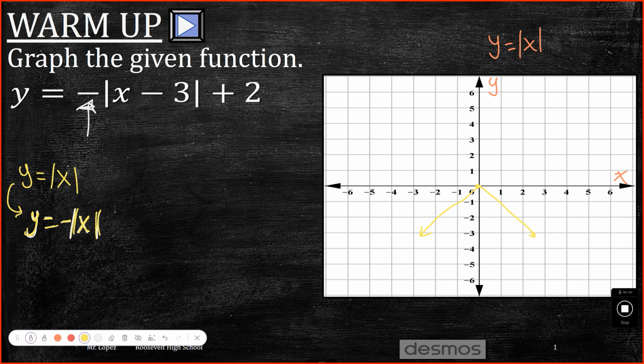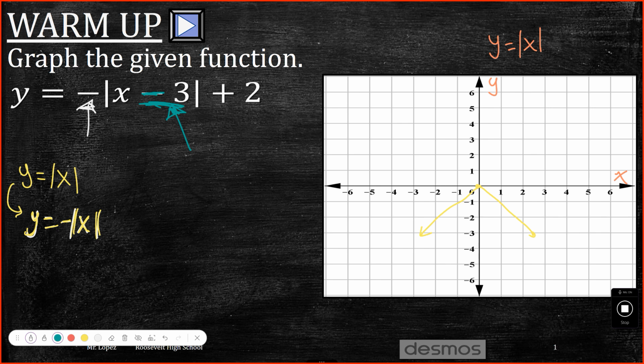If I continue on with the next transformation, that one is a horizontal shift. And this is the weird one. Instead of going minus 3 to the left, as you'd think, it goes the opposite. It's going to go to the right, plus 3.